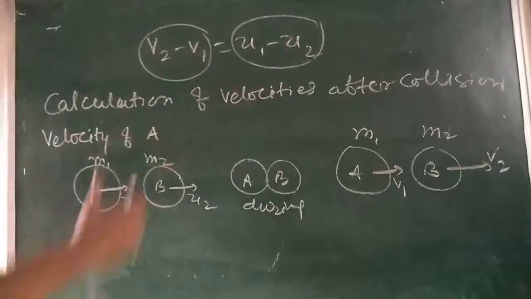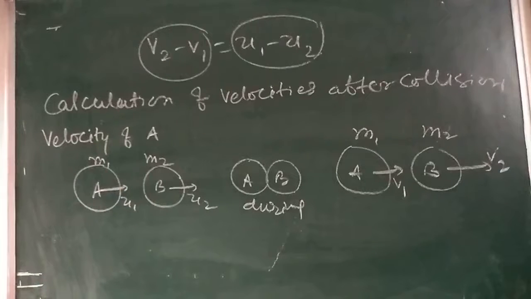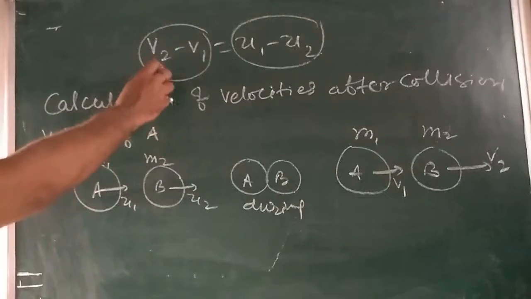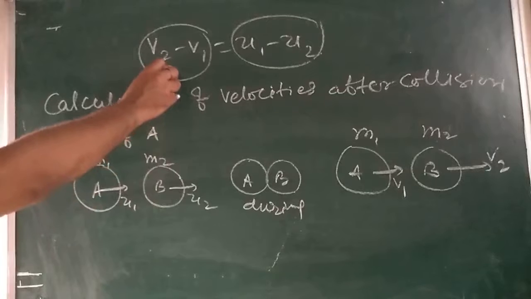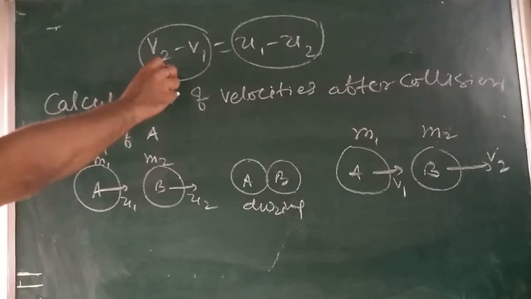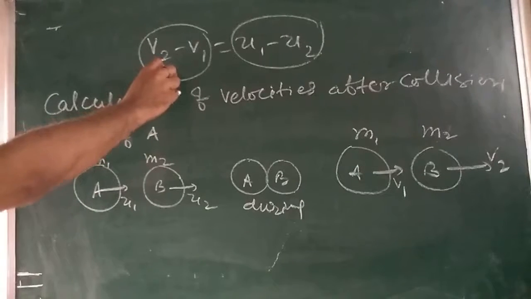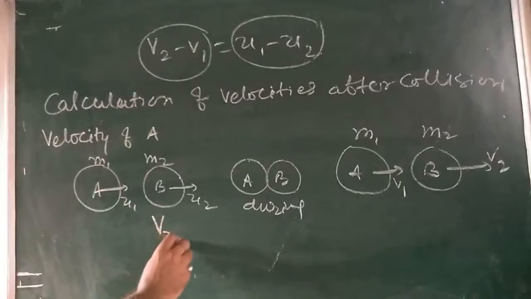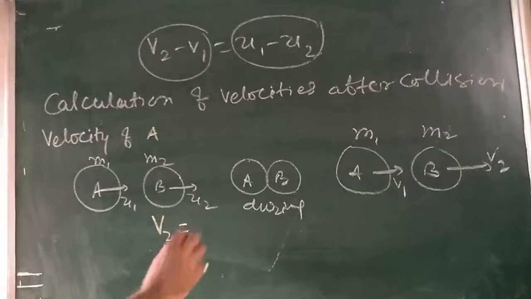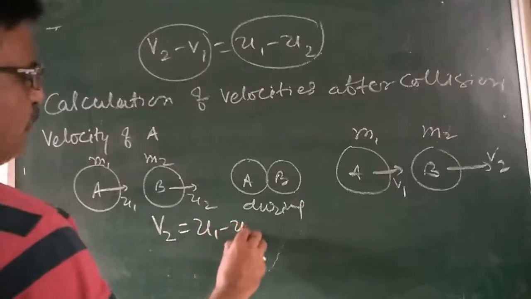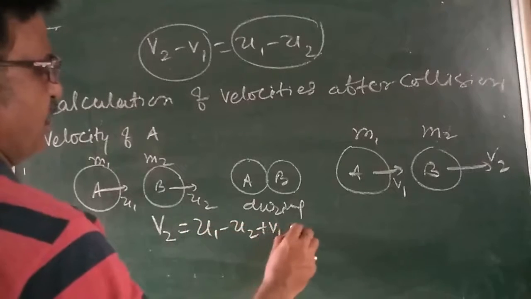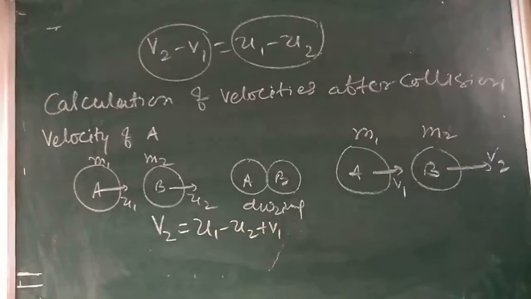Here I am going to find out the calculation of velocities after collision. Using the formula that we have proved earlier, I can write v2 is equal to u1 minus u2 plus v1.